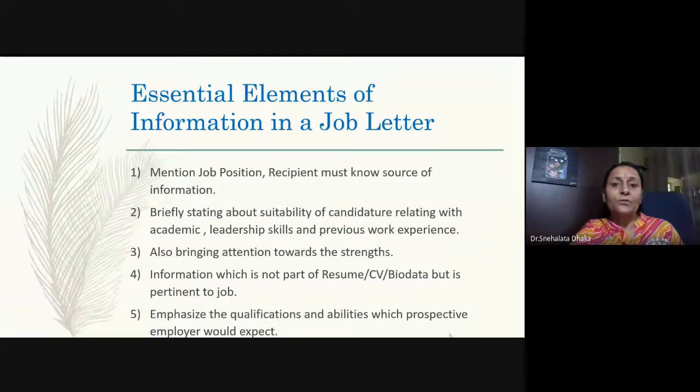So one has to firstly think about what the requirements of the employer are, and accordingly the applicant has to prepare that job application so that there could be maximum chances for the interview call. As we all know, these types of application letters, cover letters are not the final documents for the selections.